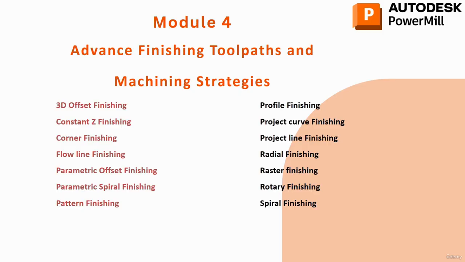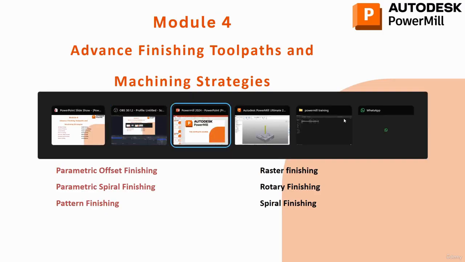It's very similar to the parametric spiral finishing and parametric offset finishing, so you should have knowledge about those previous two operations. Okay, so let's get started and study how we can create a pattern finishing operation using Autodesk PowerMill 2024.